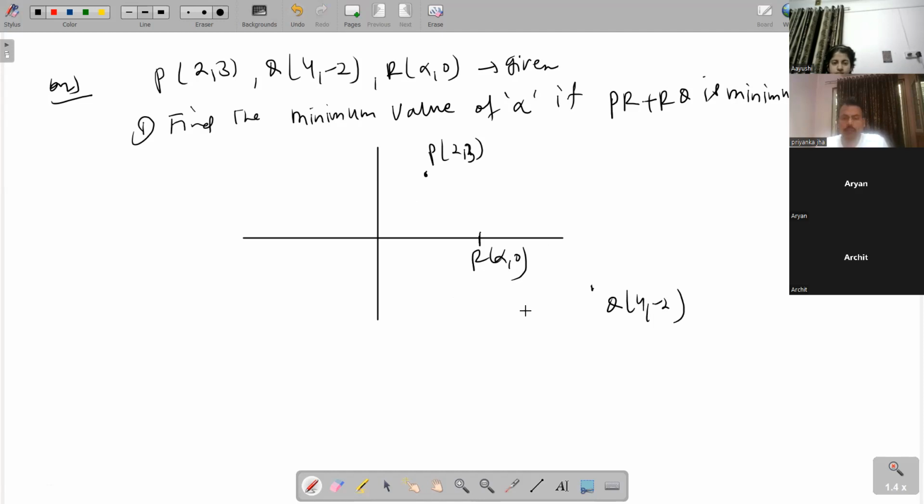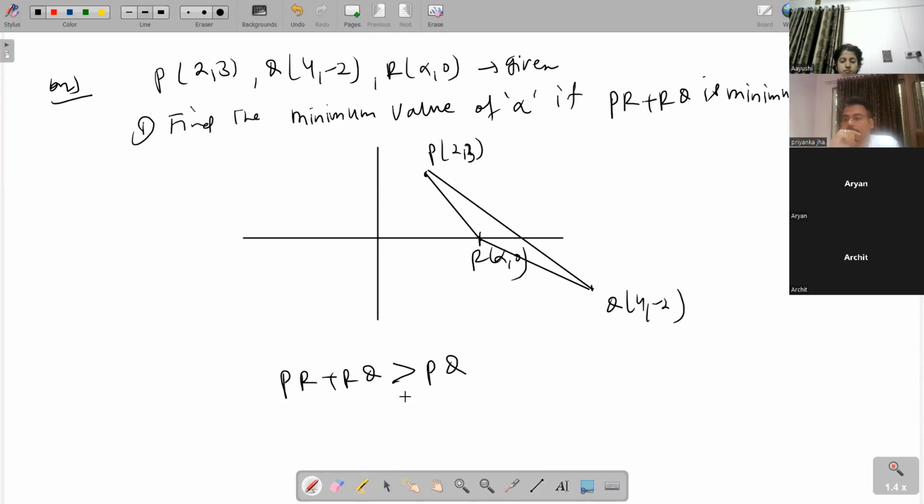Our question says that PR plus RQ has to be minimum. Complete this triangle and apply the triangle law. In a triangle, the sum of any two sides is always greater than the third side. So PR plus RQ is always greater than the third side.